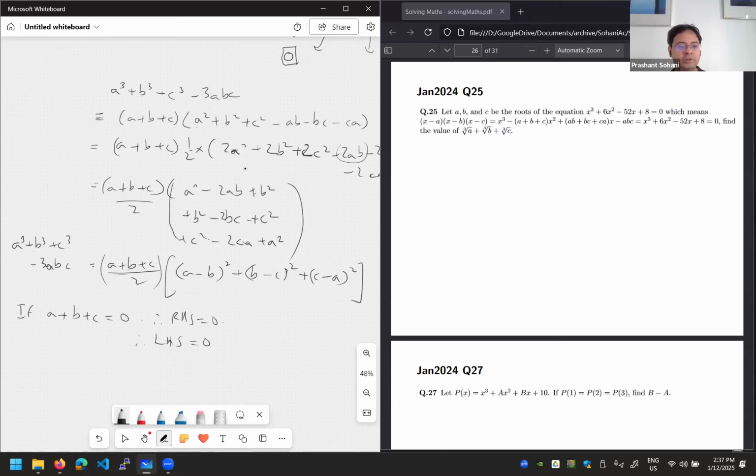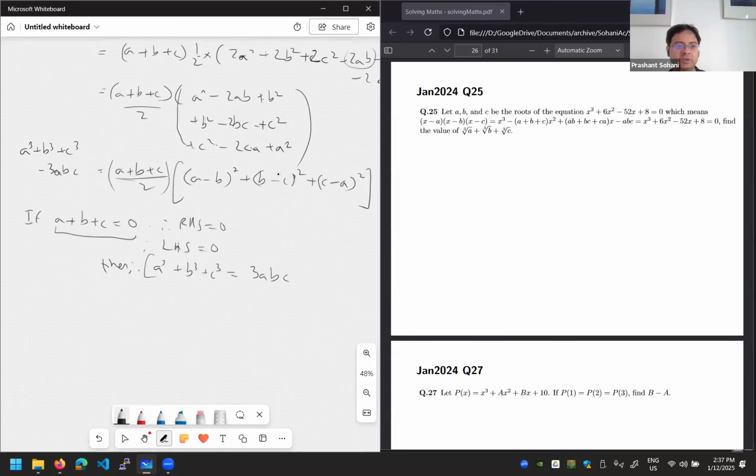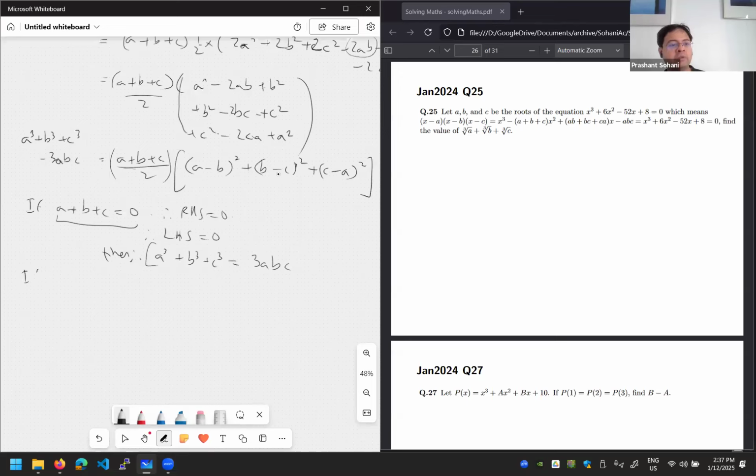And if LHS is 0, that means a cube plus b cube plus c cube equals 3abc. So if this is true, then I can conclude that this is true. Okay. What about the reverse? Suppose I have given this information that for some three numbers this is true.